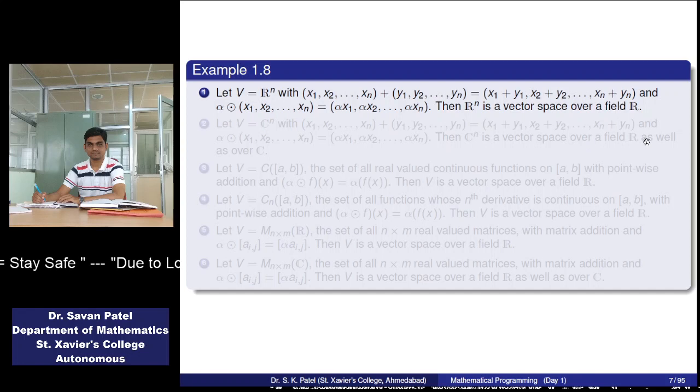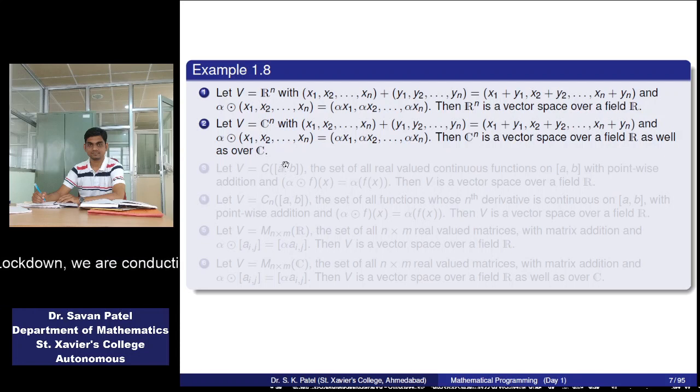Then Rn is a vector space over field R. Again, if V is Cn with similar operations, then it is a vector space over field R as well as over field C. Now I am saying that R is a field and C is a field, meaning with usual addition and multiplication. Now onwards, wherever R is considered as a field and C is considered as a field, it is clear that it is with usual addition and usual multiplication.